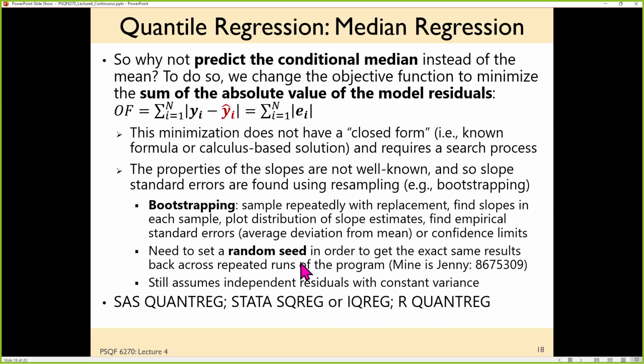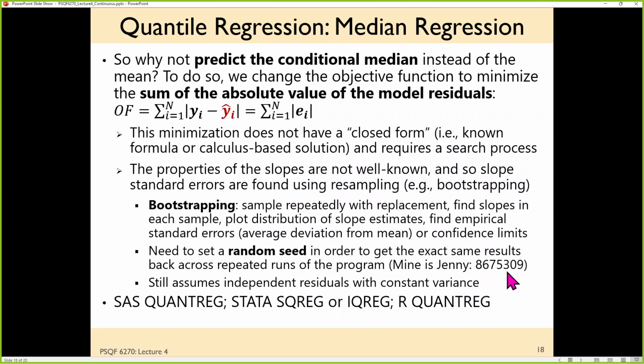That also means you need to specify what is known as a random seed to be able to get the exact same answers back in terms of replicating what the bootstrapping algorithm is doing. Otherwise, every time you run it, you'll get a slightly different result. So in my syntax illustrating this, to make sure that no matter when I run my example I get the same answers, I use the random seed as Jenny.